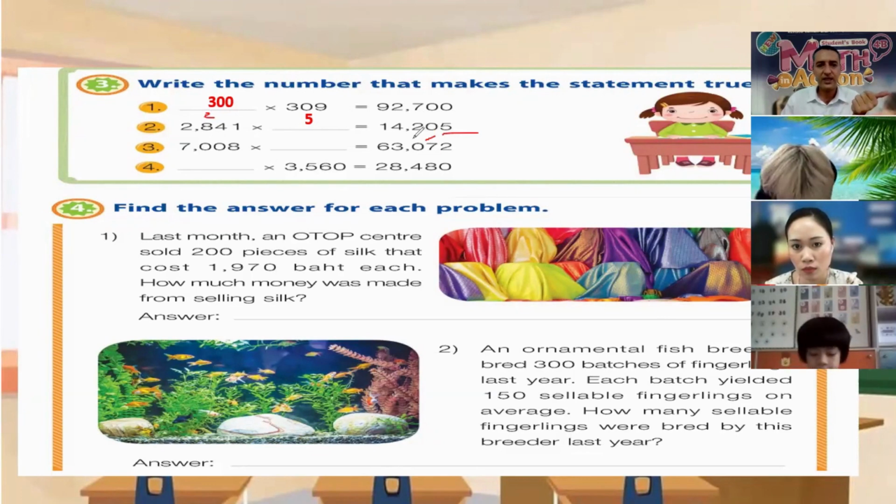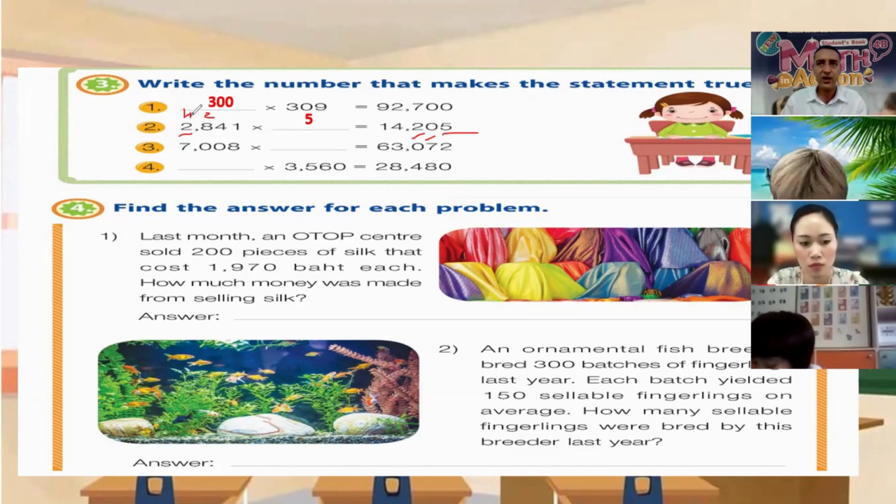So that means 42. So 2 we're going to write at 100, and 4 will be carried over at the 1,000 place. So that means 5 multiplied by 2,000, that means 10,000. And we having 4,000s carry over at the place 1,000. So that is 14,000. So 5 is the best multiplier for question number 2.